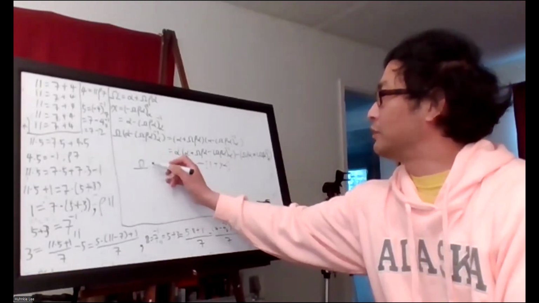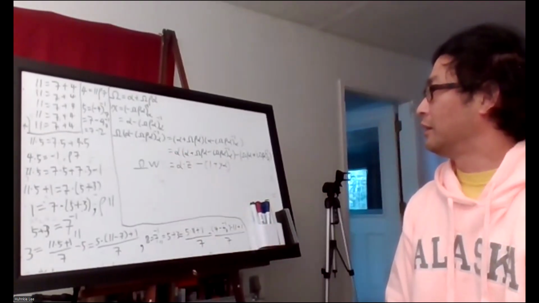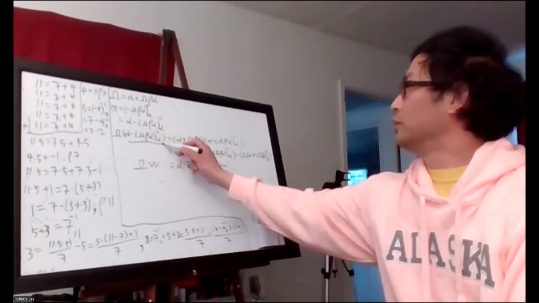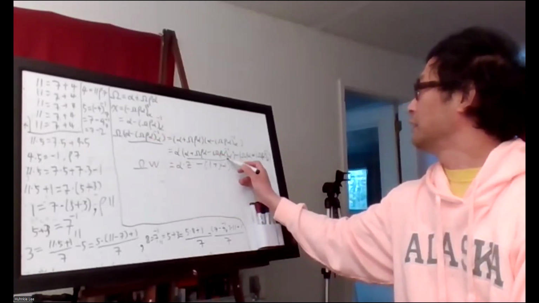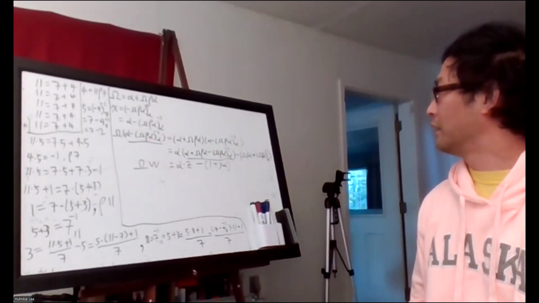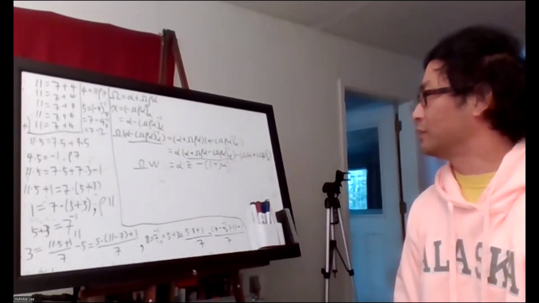So omega times W. This is W, this is Z, and then Y is just some integer.